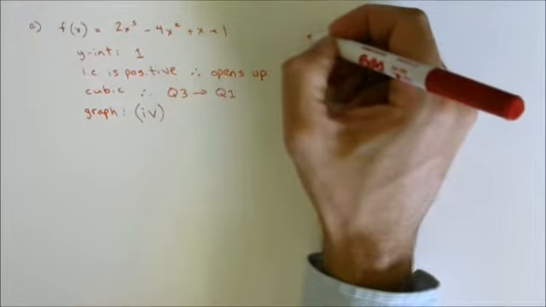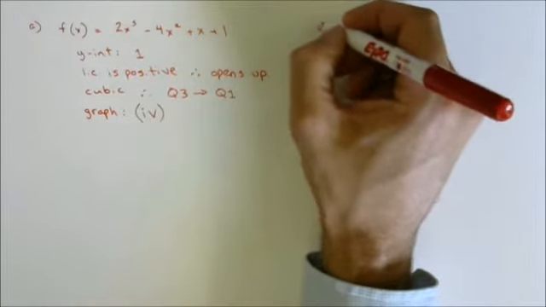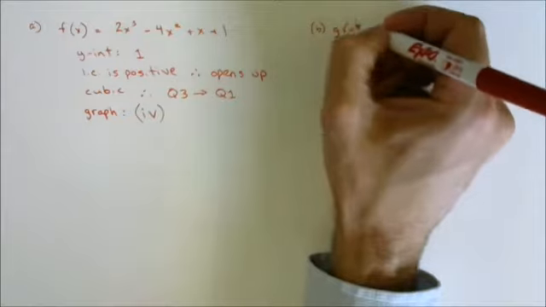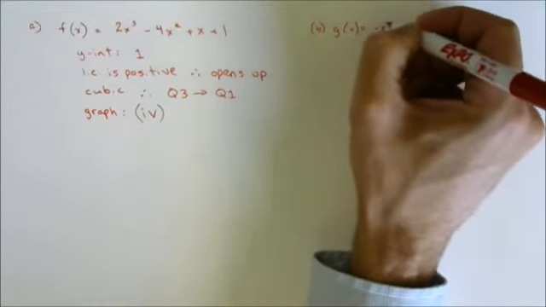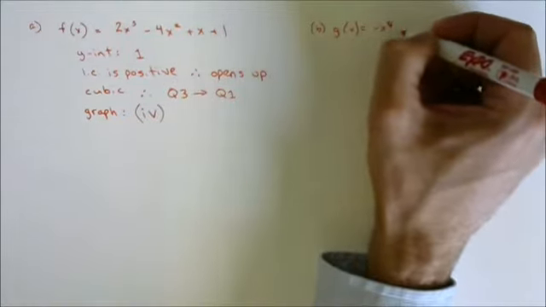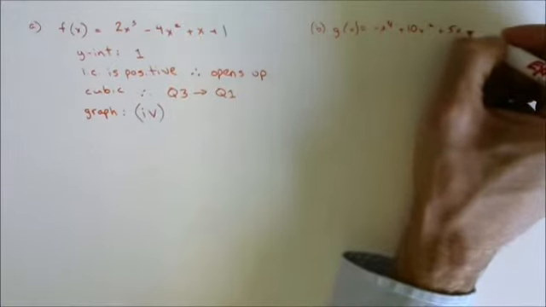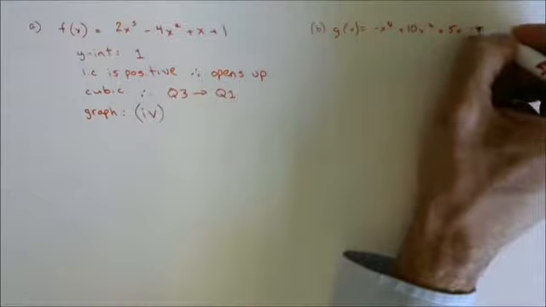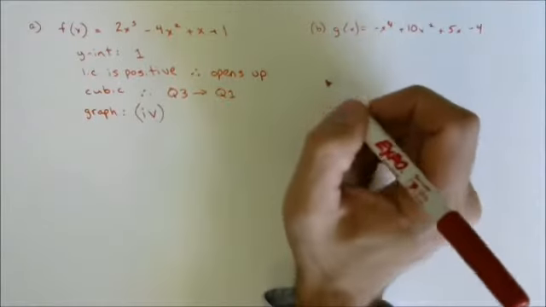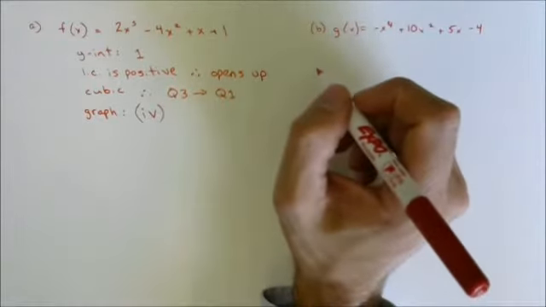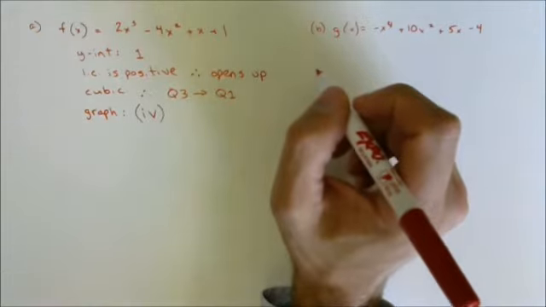All right, B. B is g of x equals negative x to the power of 4 plus 10x squared plus 5x minus 4. Key characteristics. What do we know about the degree?